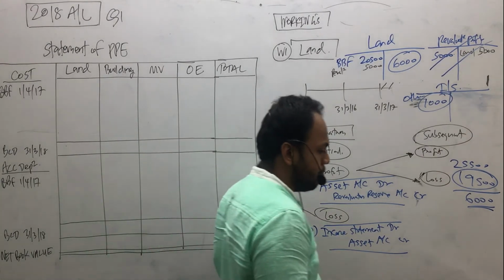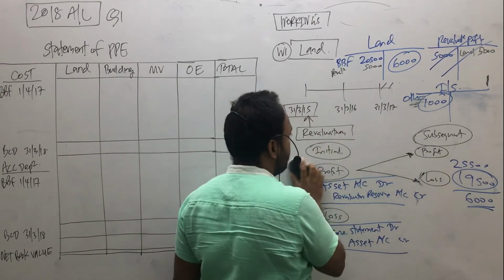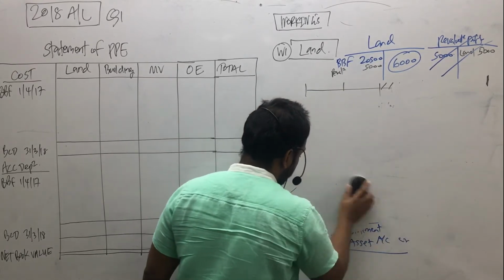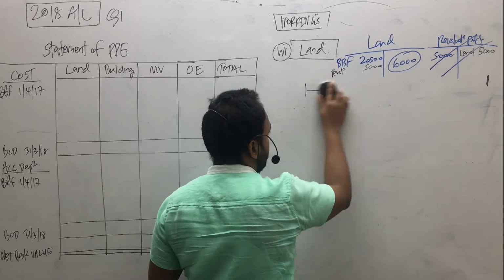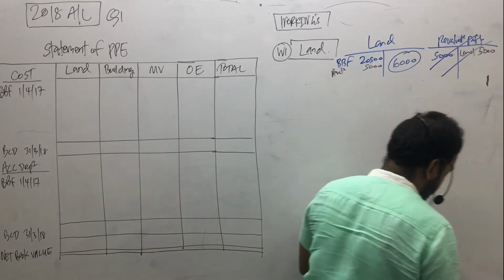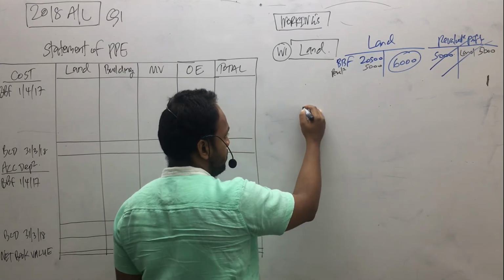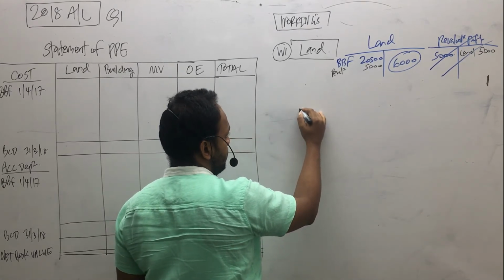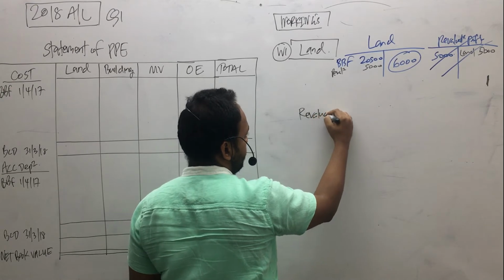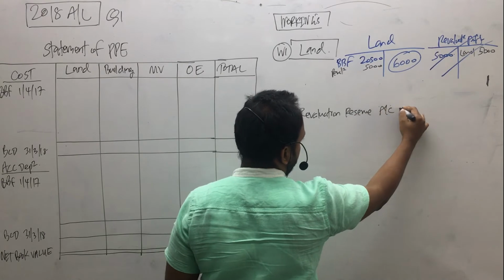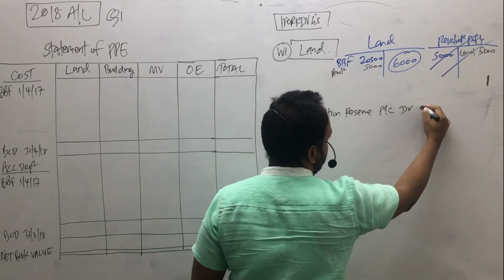So the double entry. Let me write the double entry for this. Revaluation reserve account debit $5,000.